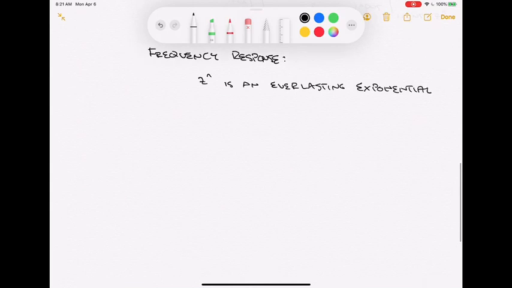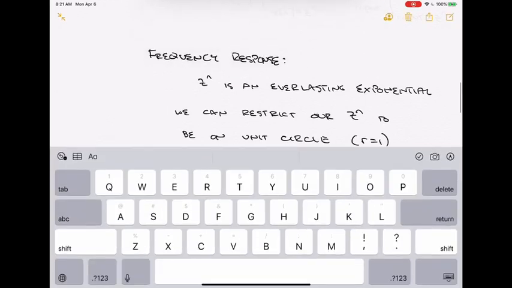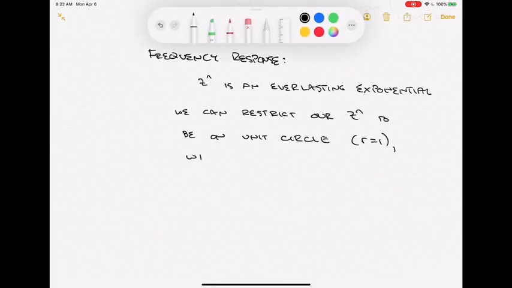And if we wanted to talk about frequency in the typical way of sinusoidal frequency, we can restrict our z to the n to be on the unit circle, which really says r equals 1. That is where sinusoids live.